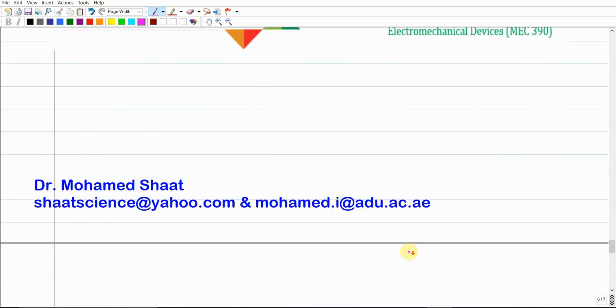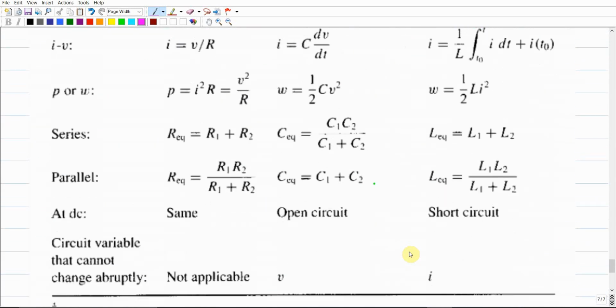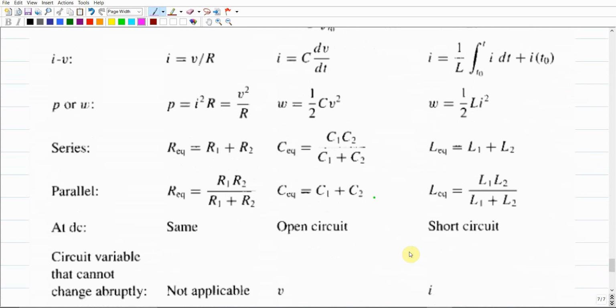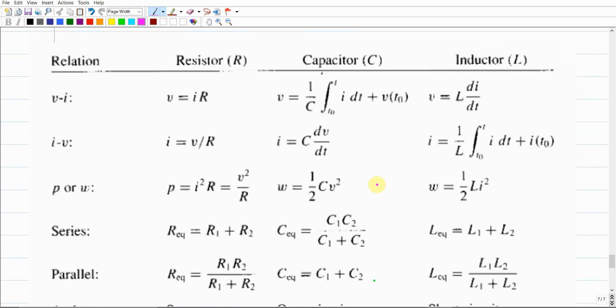And at the end, in this table, I give you a summary of all the expressions we considered so far for these three different electrical elements. For the resistor, the voltage in terms of the current equals I times the resistance, so the voltage is proportionally related to the current.